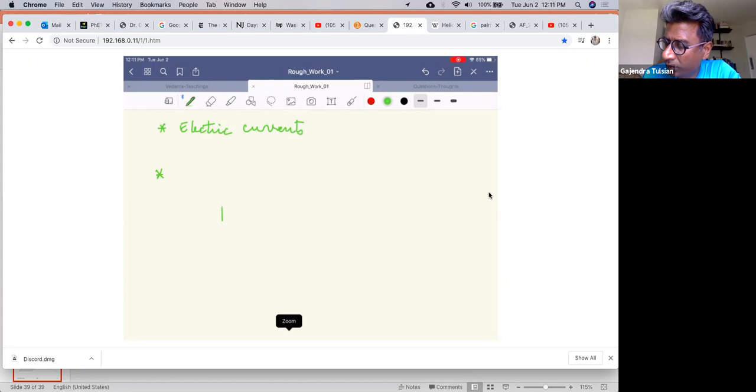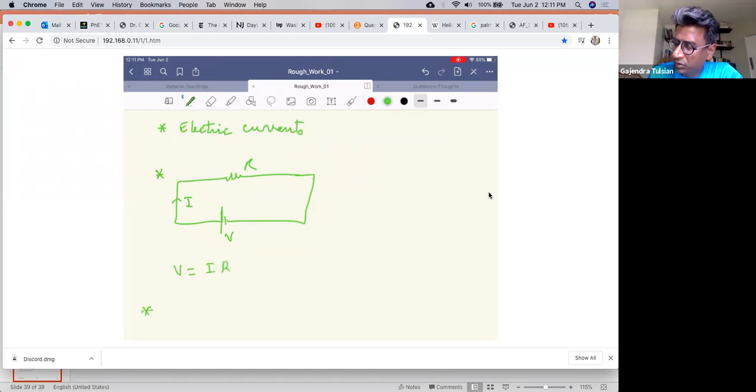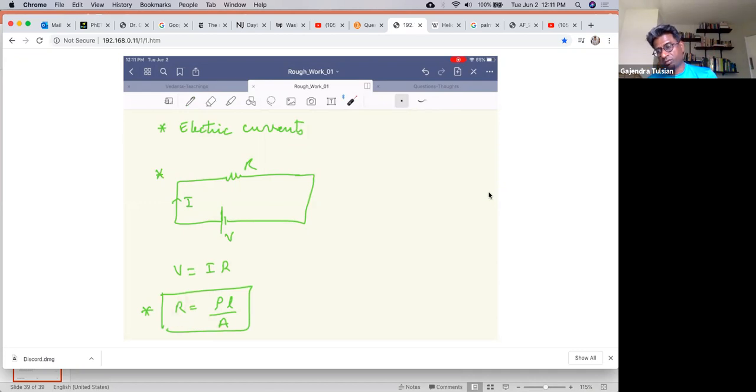Here's a battery, and here's a resistance. The voltage across the resistor is given by Ohm's law, V equals I times R. The resistance of the wire depends on the resistivity of the material, the length of the wire, and the area of cross-section of the wire. So the greater the area of cross-section, the lower the resistance of the wire. So the thicker the wire, the lower its resistance.